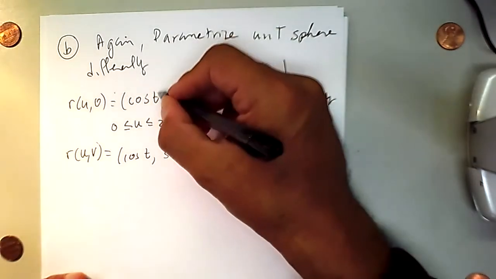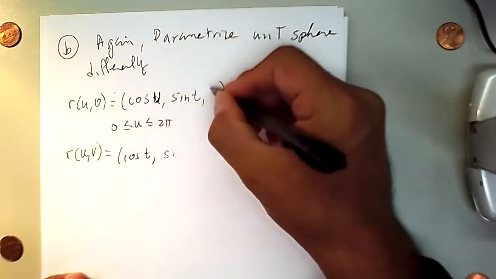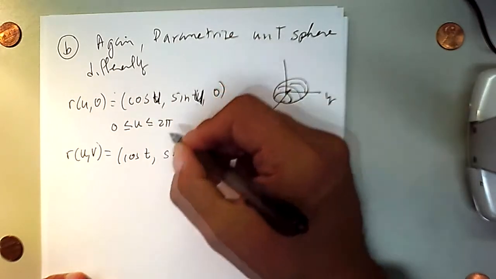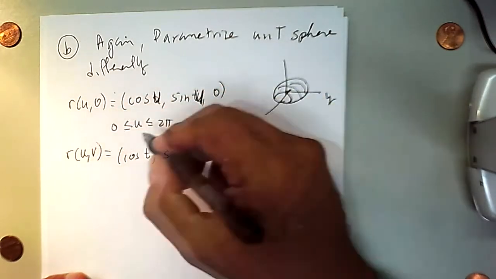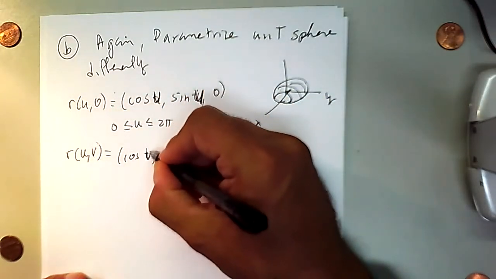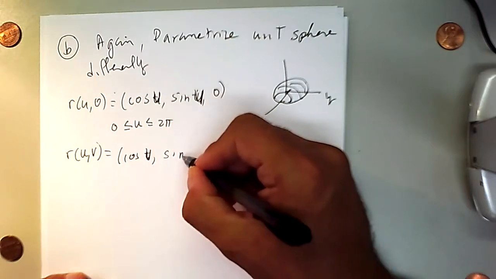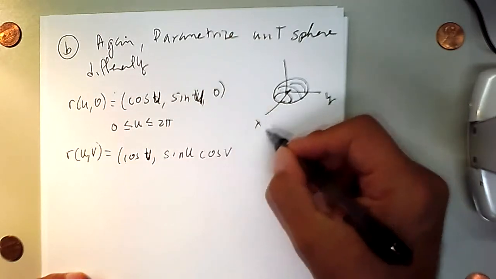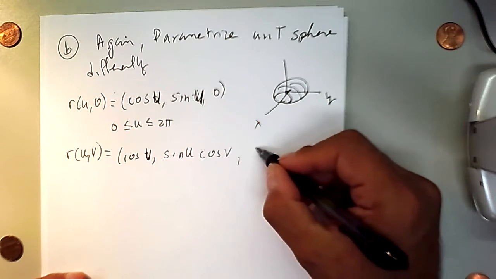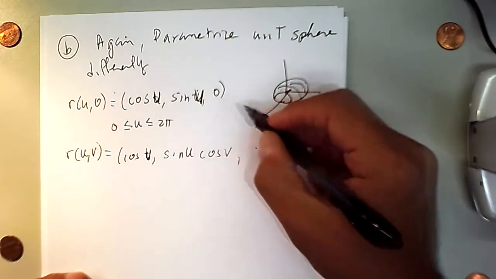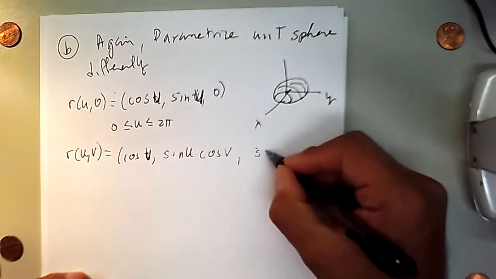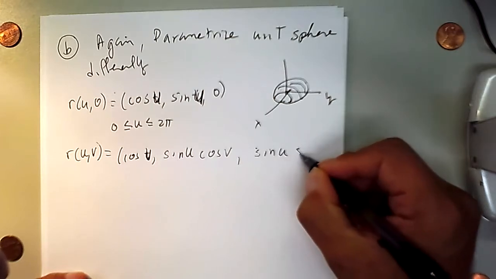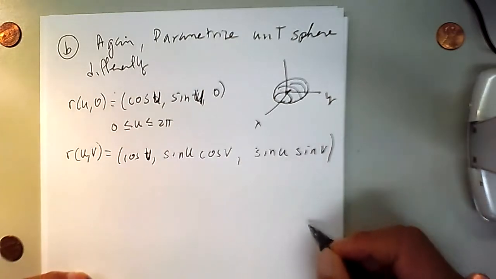Oh, I don't know why I put t, that's supposed to be a u, that's a mistake on my part, because I was thinking of a curve. So this is u, sine of u, and then cosine of v, comma, and then this guy becomes sine of u again, but multiplied with sine of v.